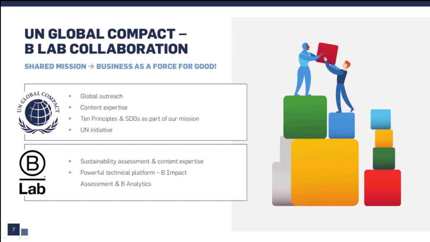On the side of B-Lab, they have a lot of expertise in sustainability assessment and content, and they have a very powerful technical platform where they have the B Impact Assessment and B Analytics as a tool for using the information gathered by the B Impact Assessment.